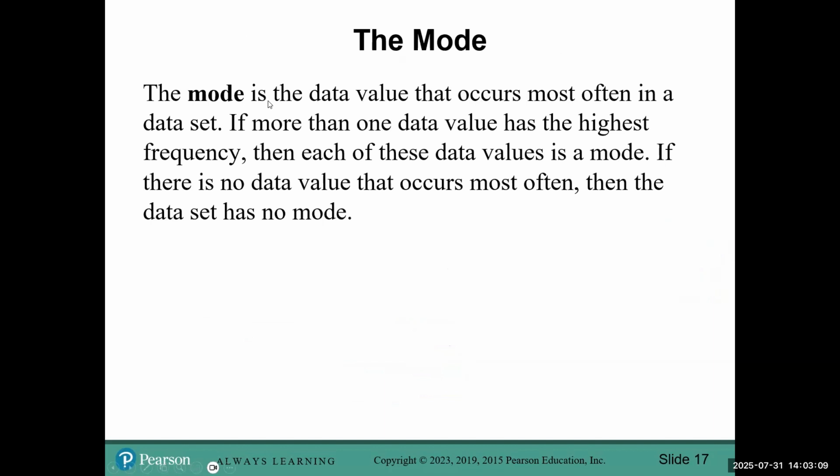The last one we're going to look at is the mode. This is the data value that occurs most often. We often use this when we have data that doesn't have any numeric value, like eye color. So I might count people who have various eye colors. And I can't really average brown and black and green and hazel and blue and gray.